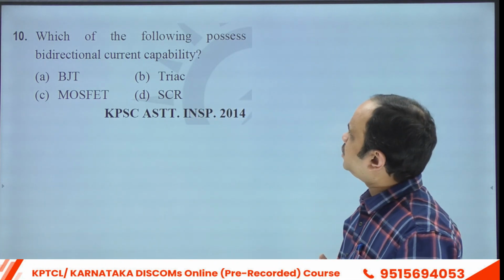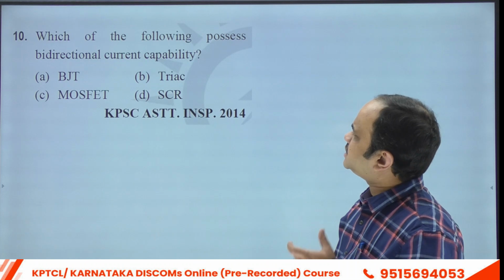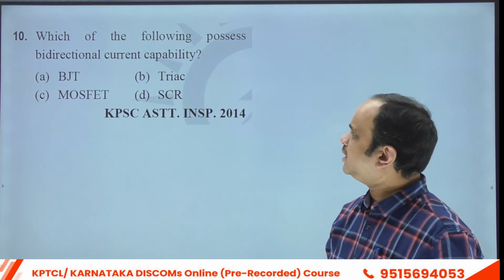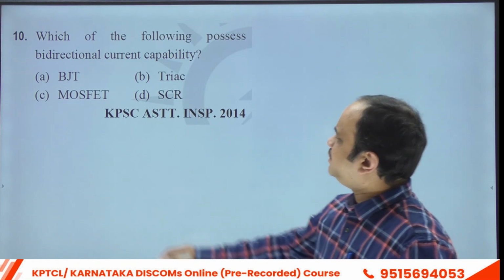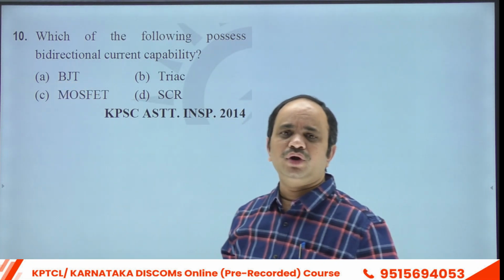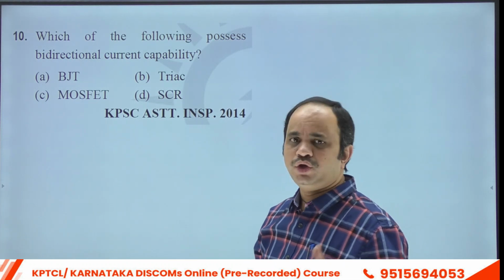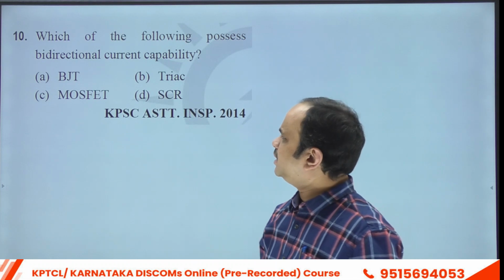Next one. Which of the following devices possesses bidirectional current capability? Okay. So the BJT will allow the current in only one direction. So it will have a unidirectional property, a unidirectional switch you can say.